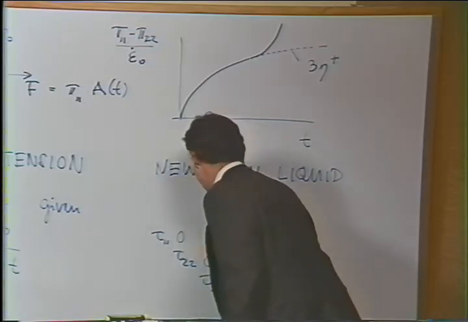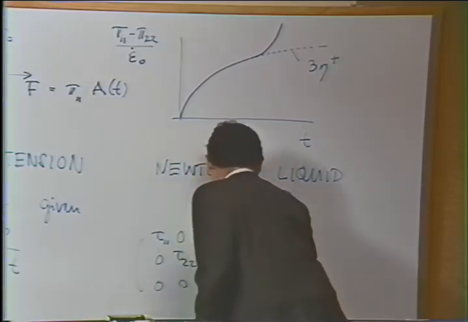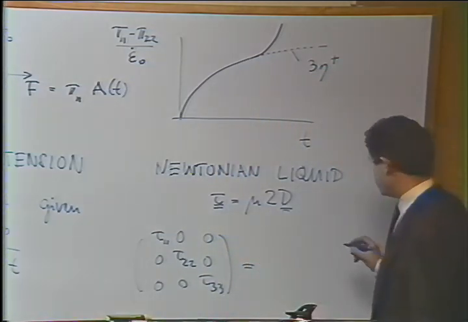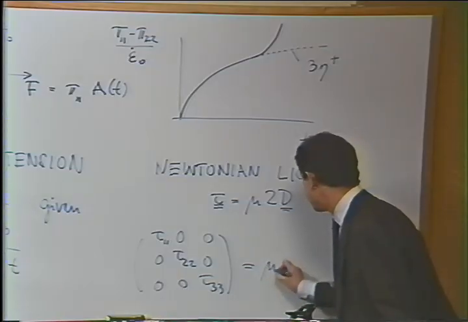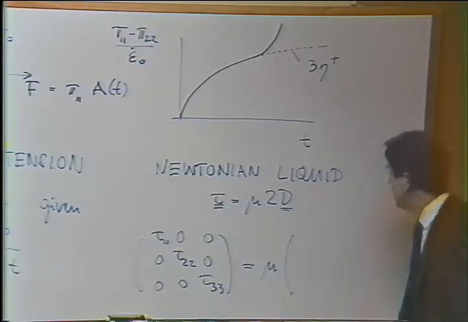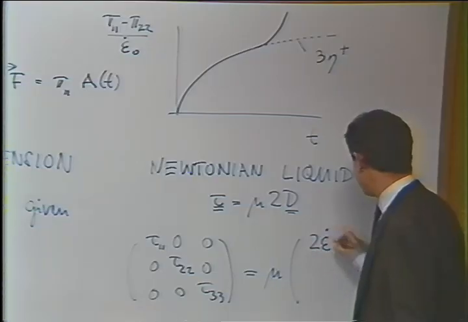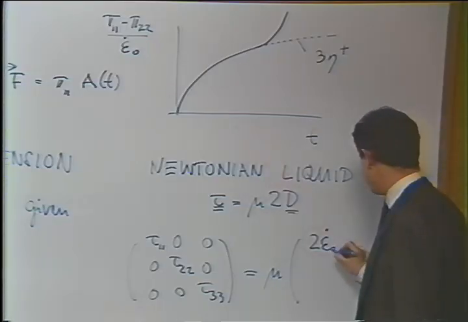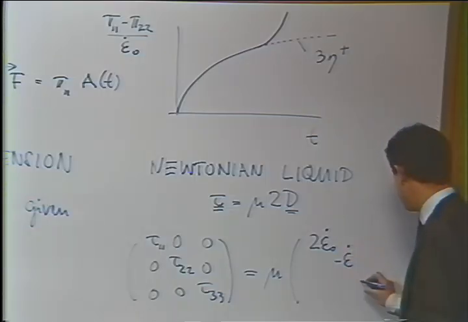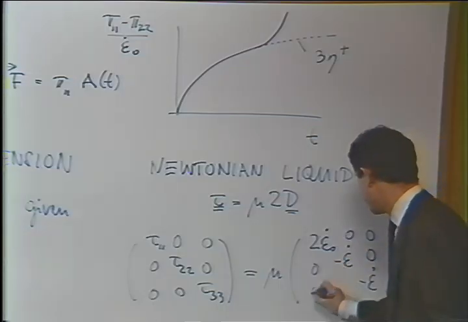We only have the diagonal terms covered because of the specific coordinate system we are allowed to use in uniaxial extension. And this is now equal to the viscosity and 2 times the rate of deformation tensor. In uniaxial extension, that would be twice epsilon dot. Now this is our constant rate here, or epsilon dot 0, and this is epsilon dot, minus epsilon dot over 2, minus epsilon dot over 2, and we have zeros in all other positions.